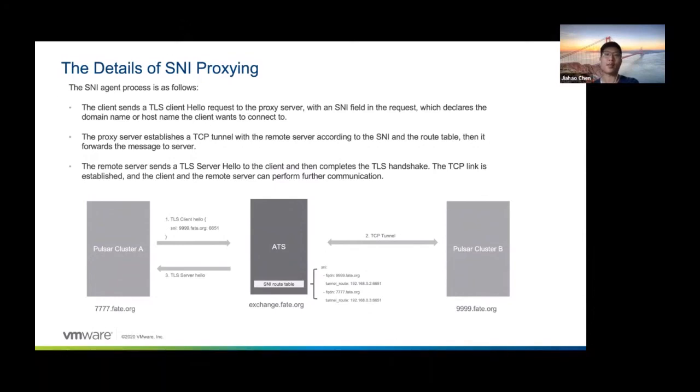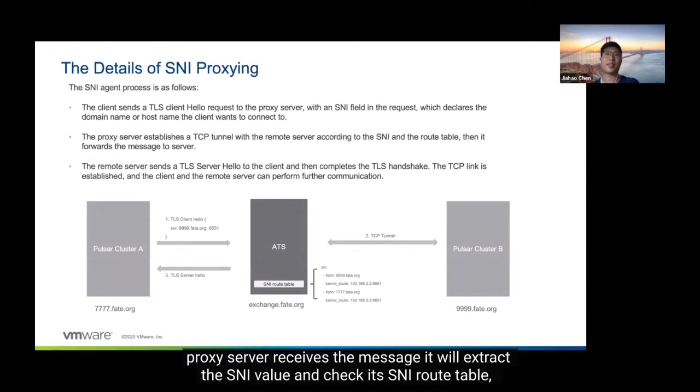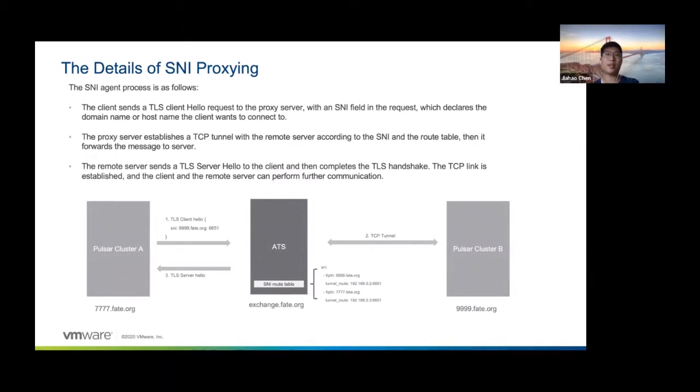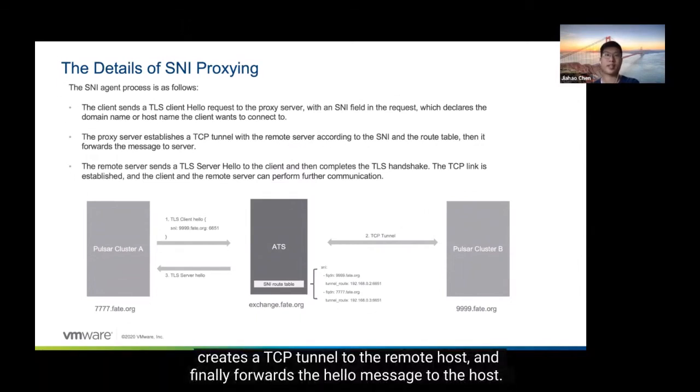In the next step, when the SNI proxy server receives the message, it will extract the SNI value and check its route table, create a TCP tunnel to the remote host, and finally forward the hello message to the host.